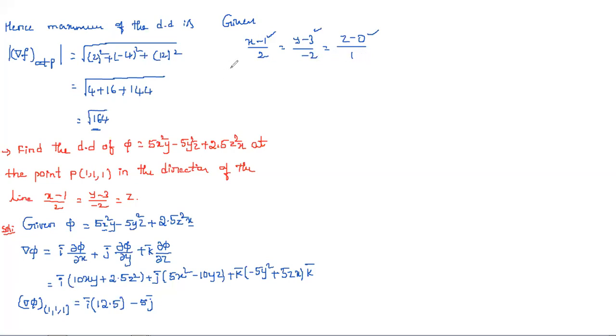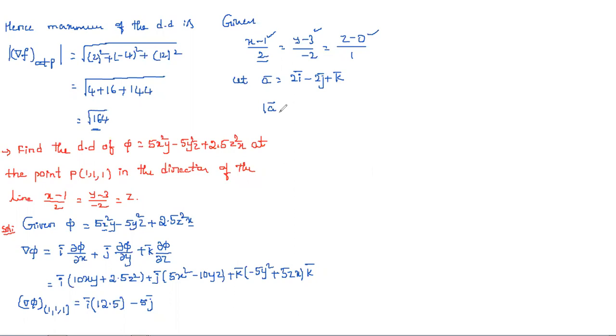So simply we can write, let a bar is equal, so i coefficient is 2 and j coefficient is minus 2 and k coefficient is nothing but k. Suppose here it is having x, y, z, another variable, then we'll take the point and we'll substitute, but we do not require the point here.